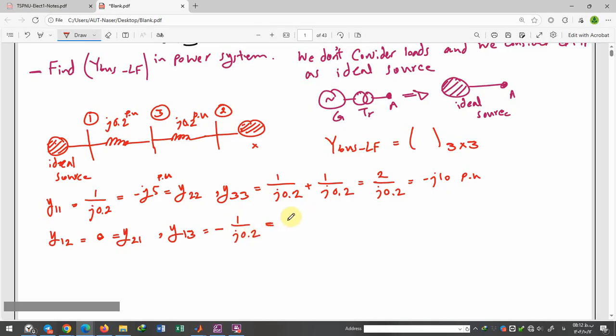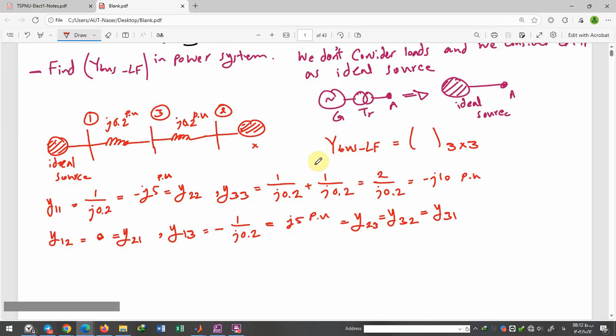It is j5 per unit. This amount of Y is equal to Y23, which is equal to Y32, equal to Y31. Please pay attention that the Y-bus we calculated is symmetrical, so Y31 is equal to Y13.